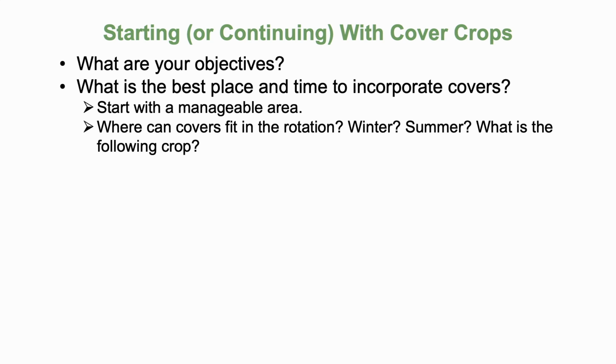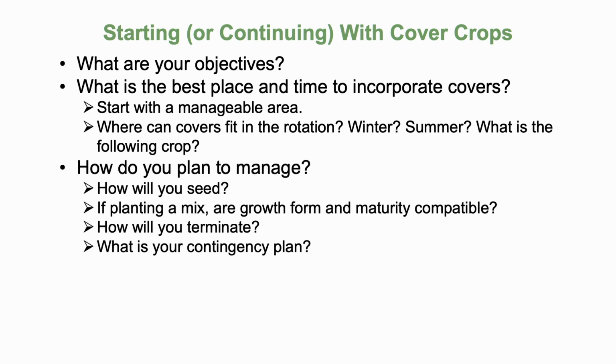Where can covers fit in the rotation? Winter? Can you grow a summer cover after a spring harvested crop? Maybe you can do both. What's the following crop? That's an important question to answer because some covers are incompatible or less compatible with crops that follow them. How do you plan to manage?